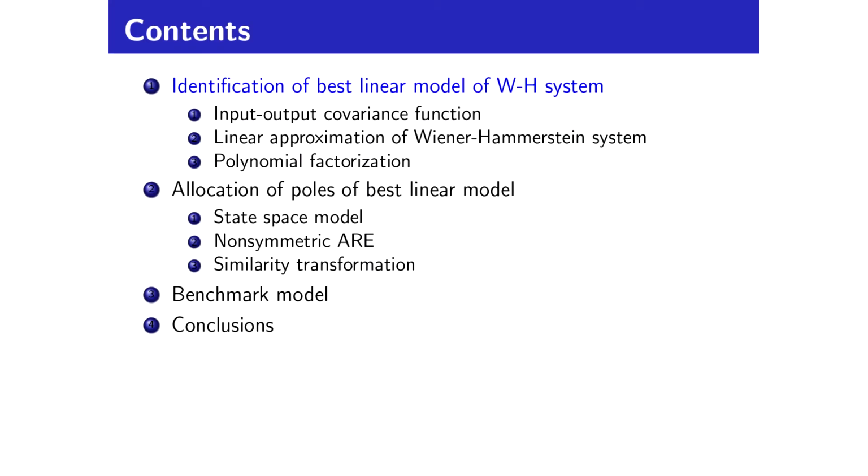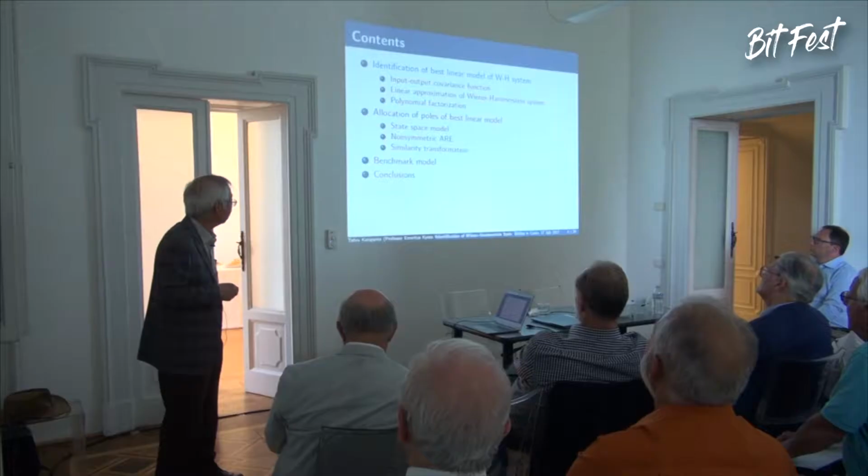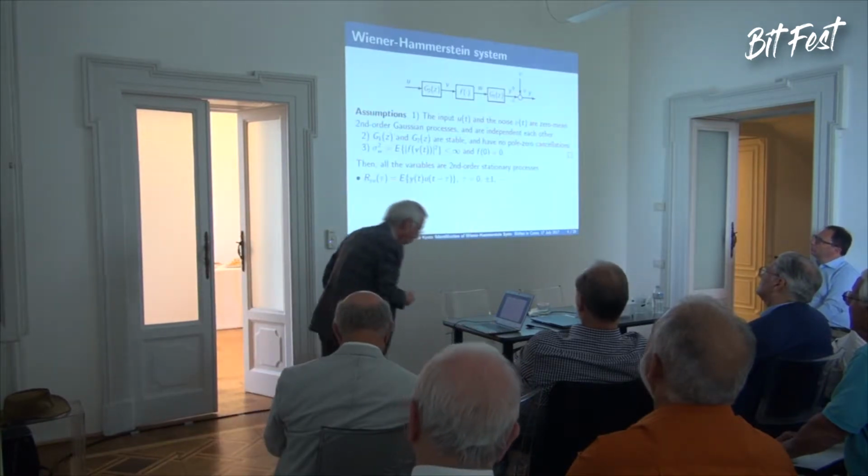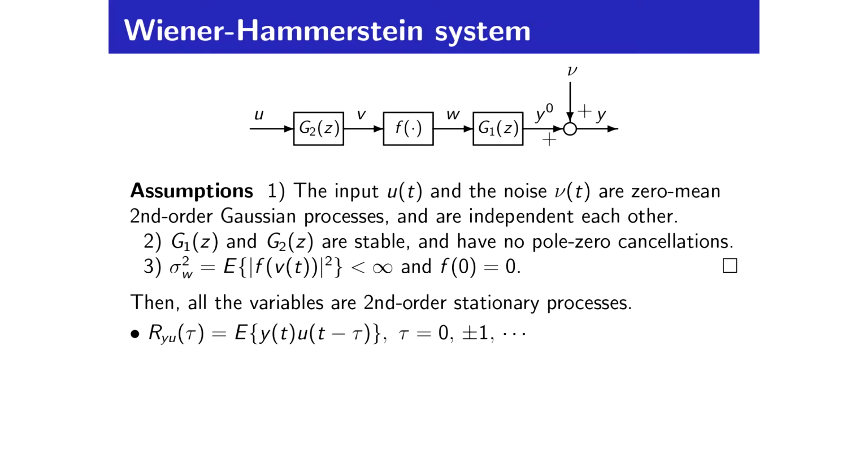This is the content of my talk. The first part is the identification of the best linear model, and the second part is this allocation, the state space model and the nonsymmetric ARE. And I will just show you the benchmark model. Again, this is the Wiener-Hammerstein system. We need some assumptions, which are rather standard.